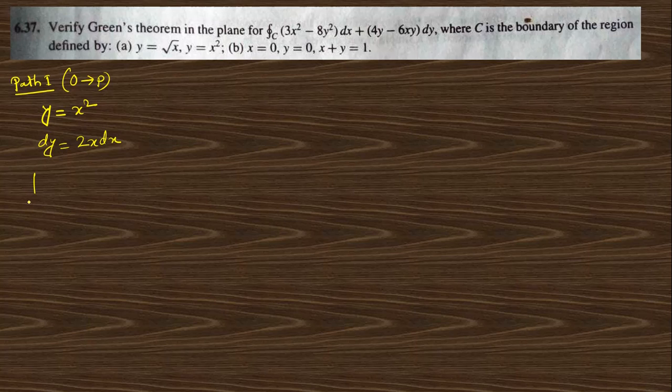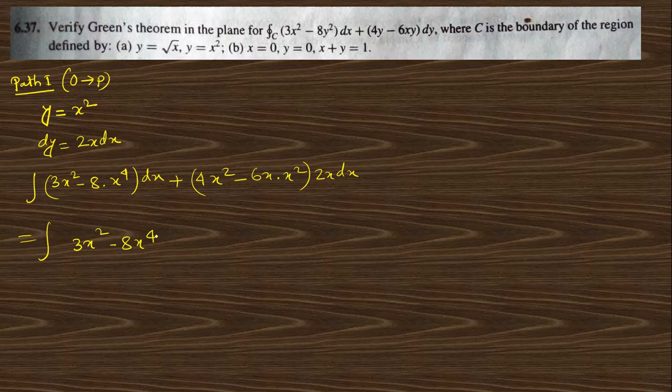Just put in this equation 3x square minus 8y square, so this will be x to the power 4 dx plus 4y is x square minus 6xy, y is x square, dy is 2x dx. So this is 3x square minus 8x to the power 4 plus 4 to the 8x cube minus 12x to the power 4, that into dx.